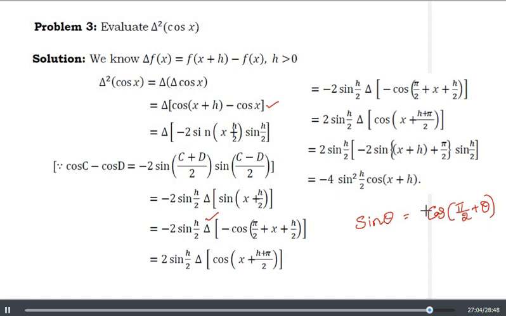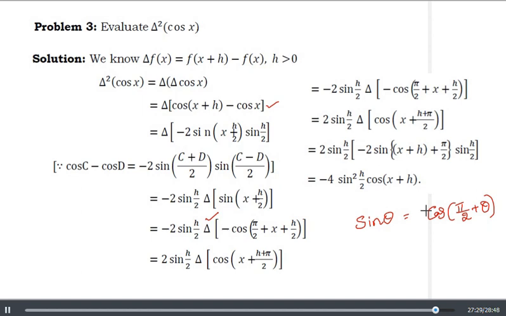You can actually see how this problem is done. Delta of f of x by g of x. Actually, what you can do is take f of x by g of x itself as some new function. I'm using h for step size, so let me use something else, maybe k of x.